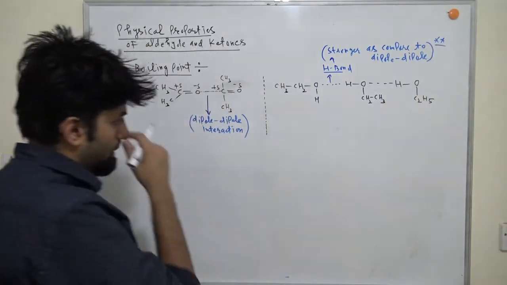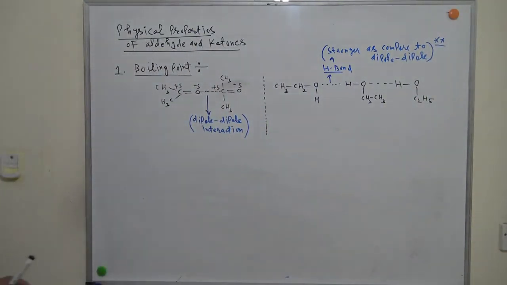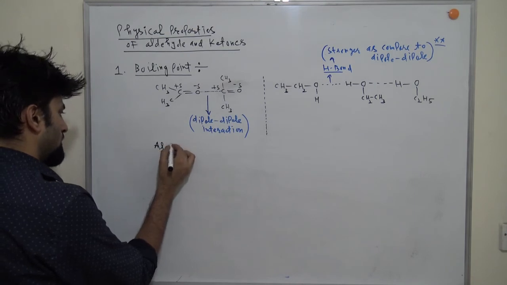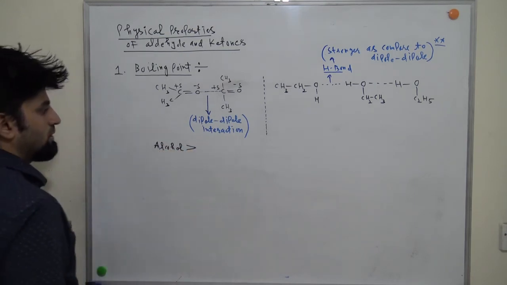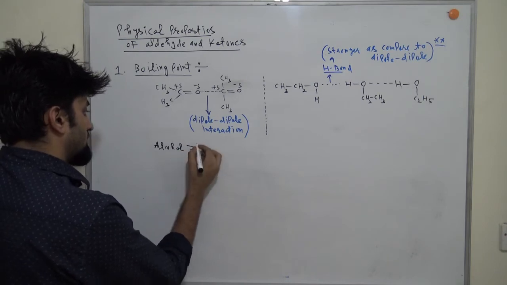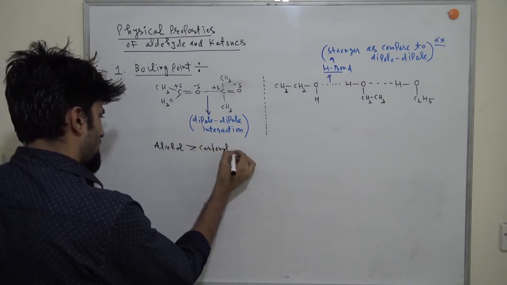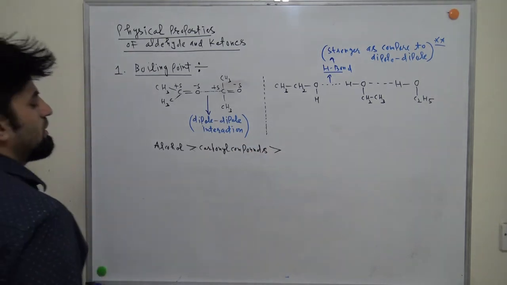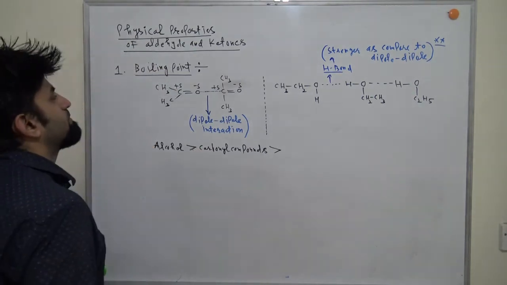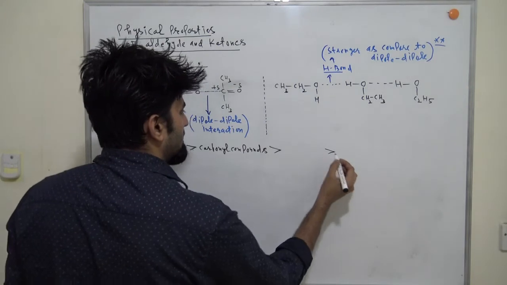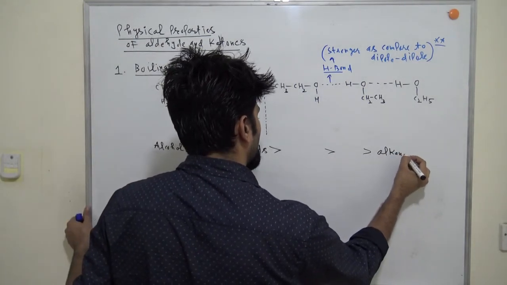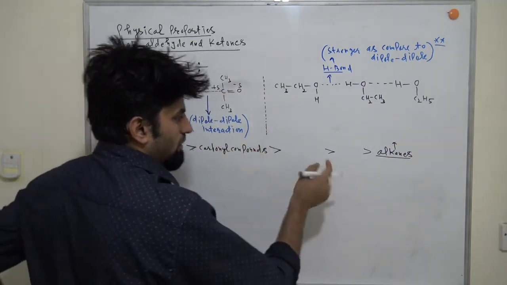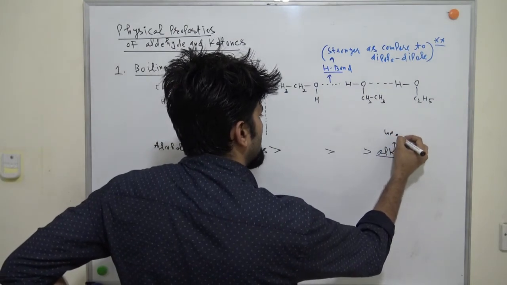If I ask who will have the maximum boiling point, first is the alcohol of comparable mass. Then these carbonyl compounds, that is aldehydes and ketones, and then ether will come, and at last we have alkanes, because they have the dipole induced dipole, instantaneous induced type of weak forces.